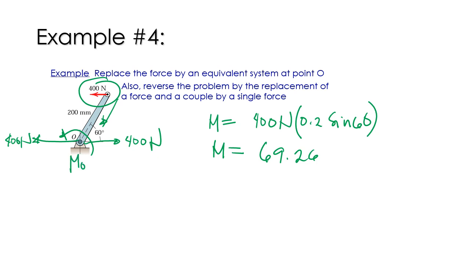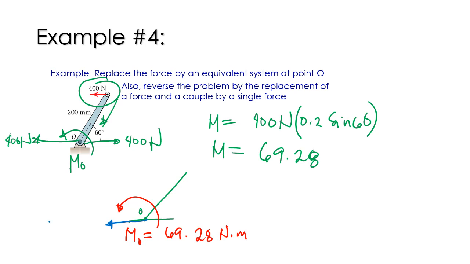Therefore, to clear the figure, we have point O and the moment M_O, which is equivalent to 69.28, and the unit is Newton meter, and a force F at O, so this is 400 Newton.